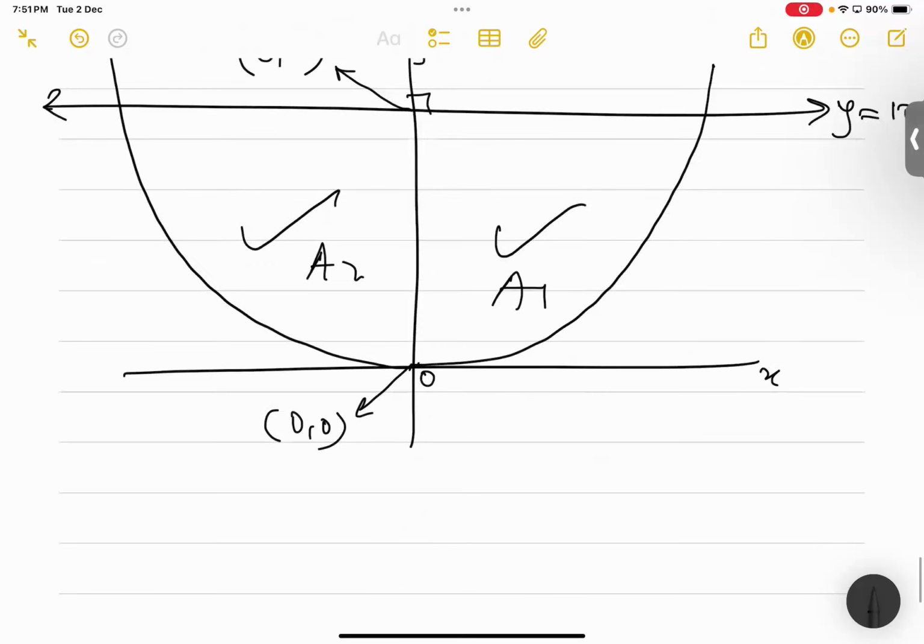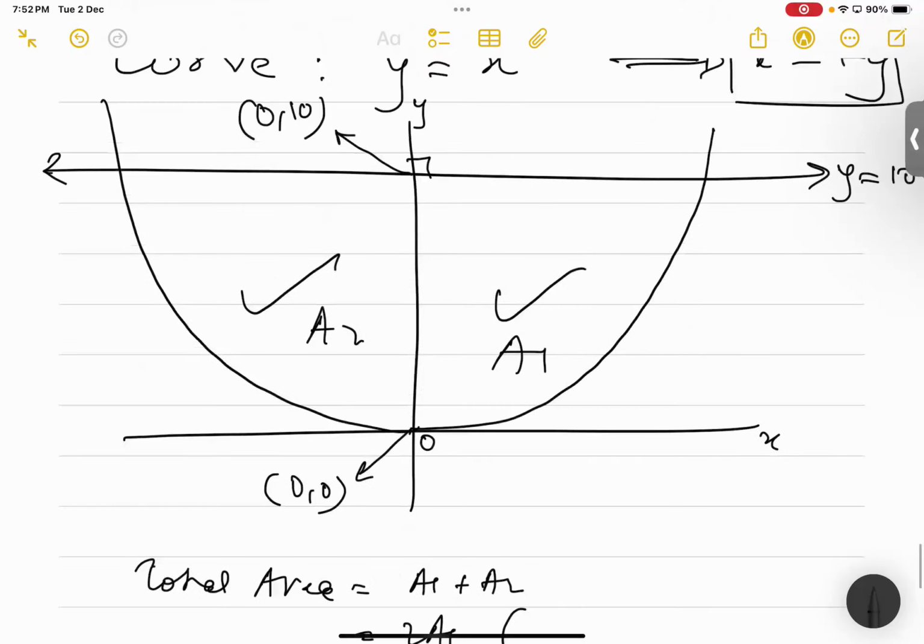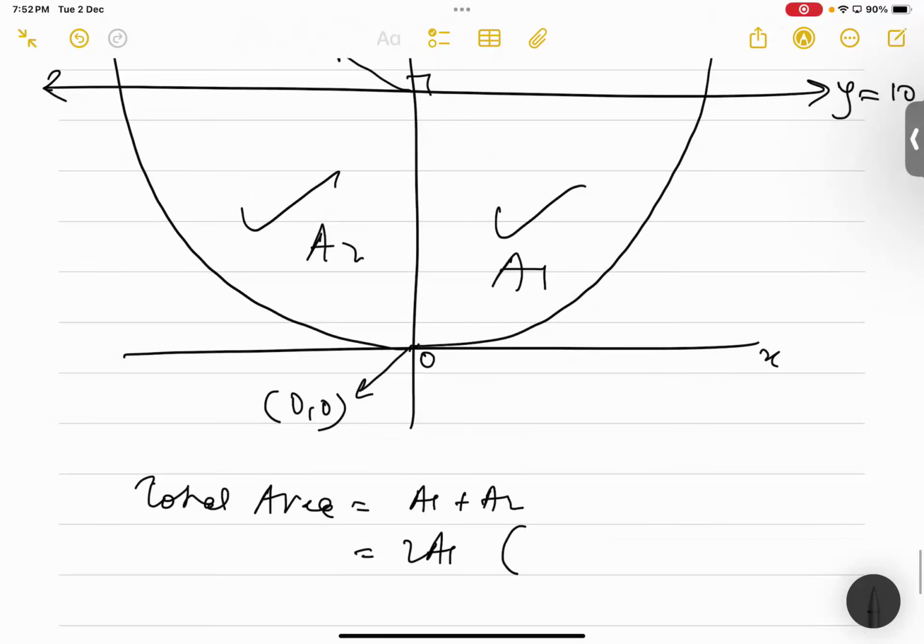Now total area this time is A1 plus A2, twice A1.